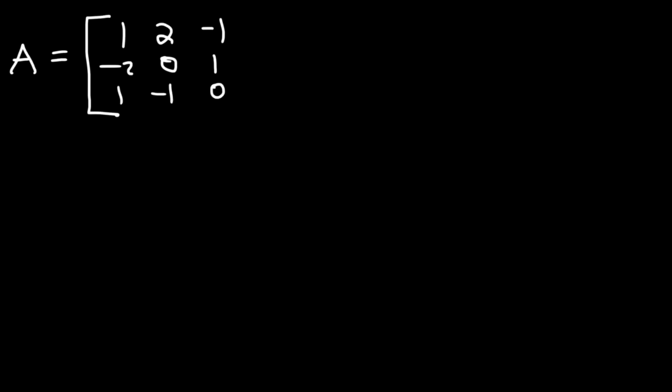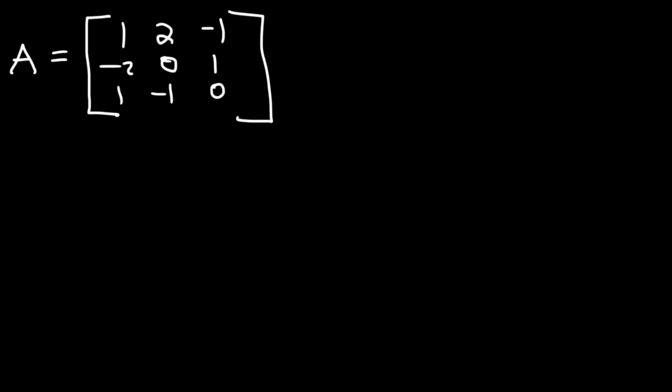In this video, we're going to talk about how to determine the inverse of a 3x3 matrix. So let's say we have matrix A and it contains the elements 1, 2, negative 1, negative 2, 0, 1, 1, negative 1, and 0.